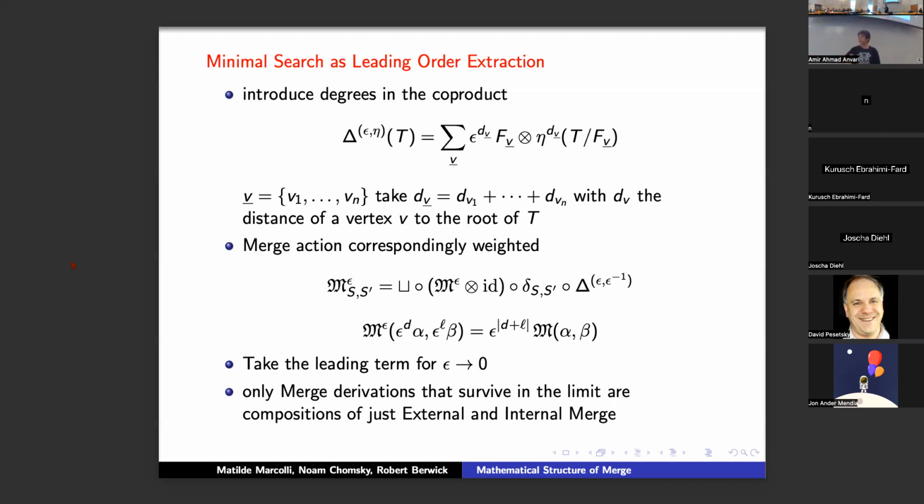So I'm going to assign a grading to each term of the coproduct that depends on a parameter. And when I tune that parameter, everything depending on the exponent, I can make some terms become very large and some terms become very small. And so I can say which are the leading order terms.